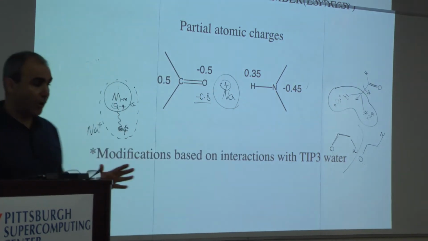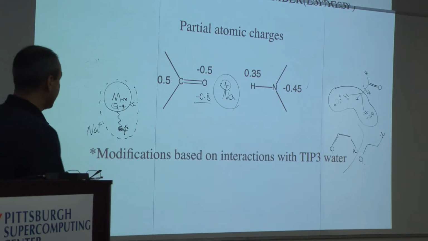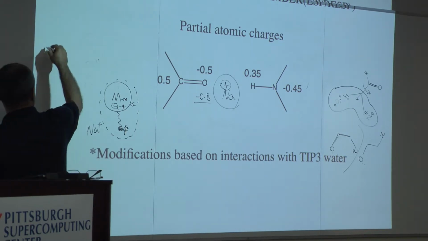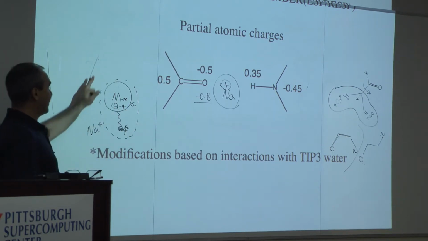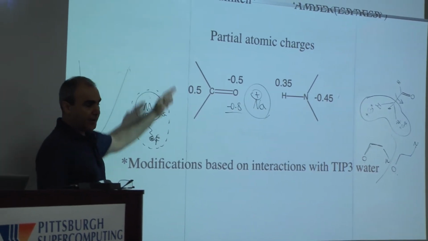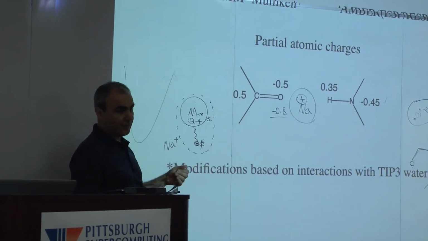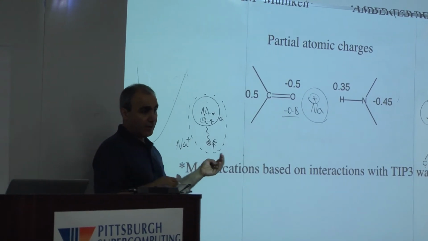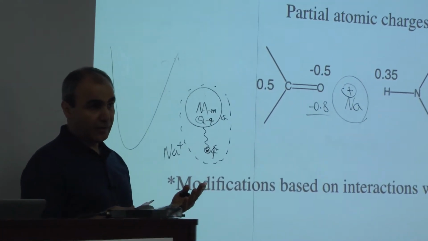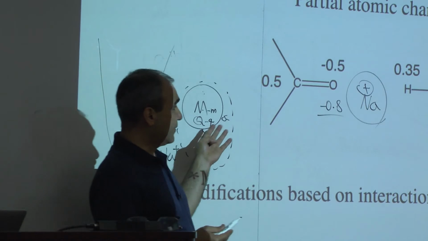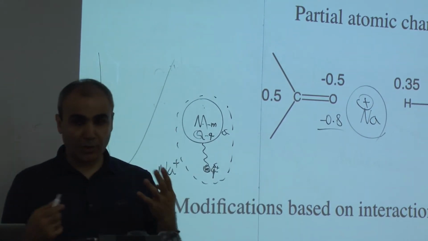When you define a bond, it never breaks because you're using a harmonic potential for the bond, right? You can stretch the bond as long as you want. It never breaks. It just goes higher and higher in energy. So the bonds don't break. You can't have proton transfer. You can't have change in the protonation state of side chains, which is another example of not having polarization there.